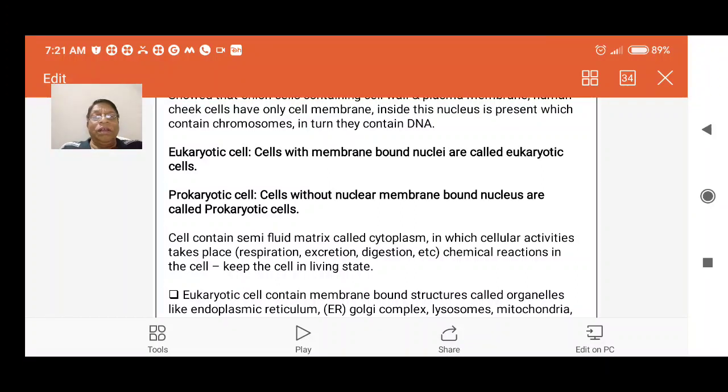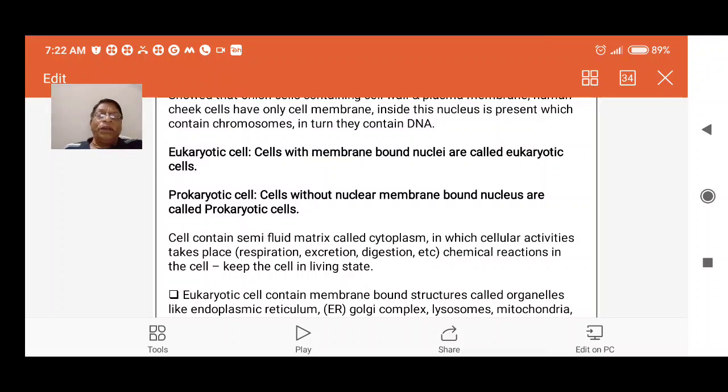Such a cell is called prokaryotic cell. Cells in which nuclear membrane is absent. Example, the primitive organisms like bacteria, blue-green algae.